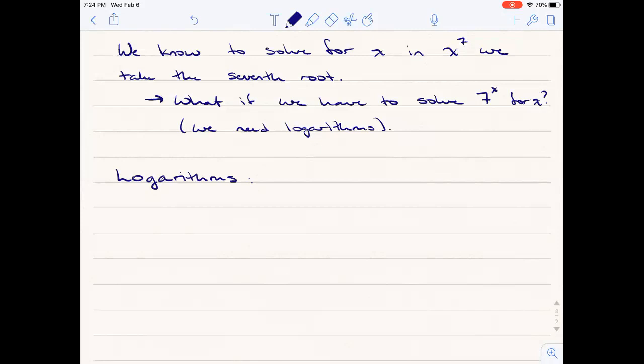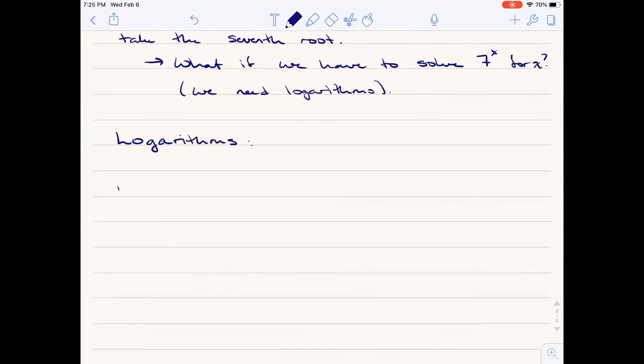If you've worked with logs before, you'll know that there's multiple bases. We're only going to use the natural log, which is log base e. So whenever I say log, that's the log that I mean. There's log base 10, which is pretty common, but for most sciences, you're going to use the natural logarithm.